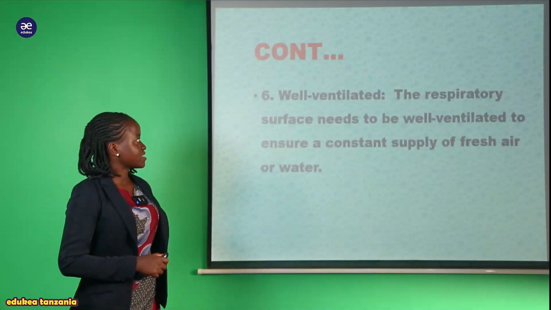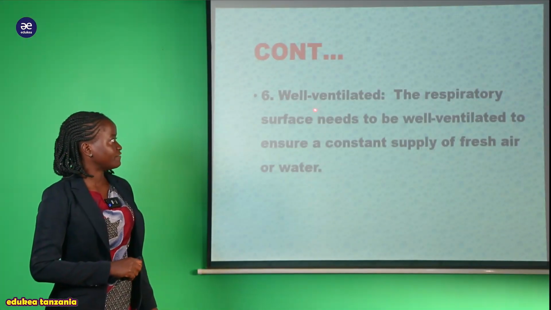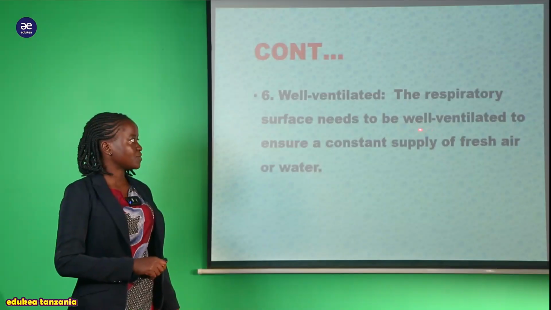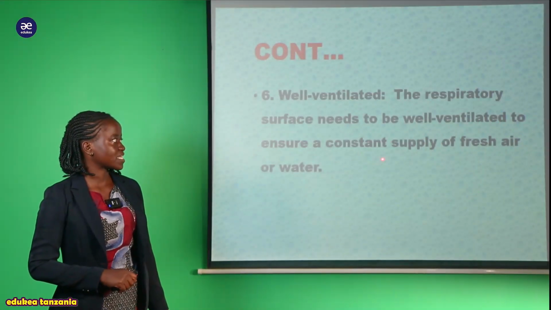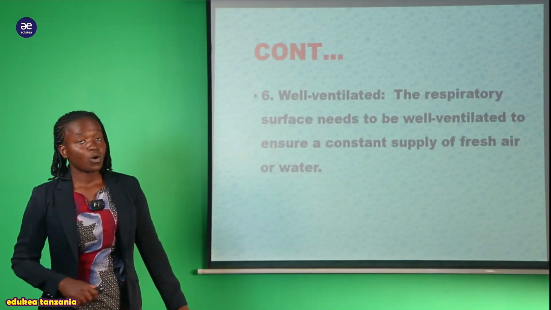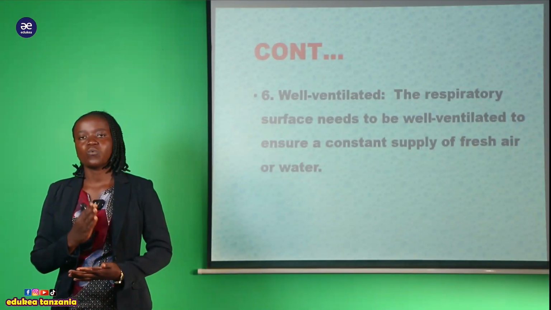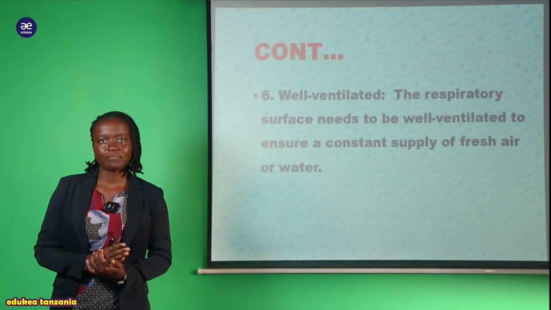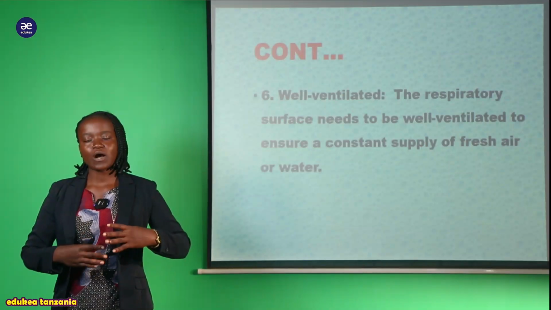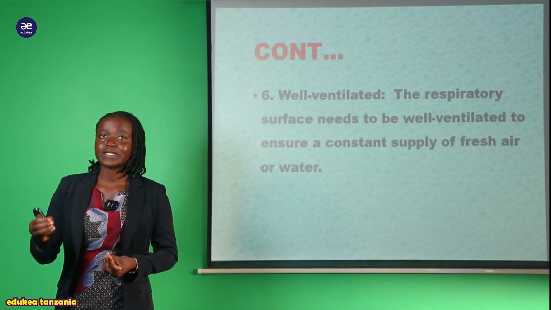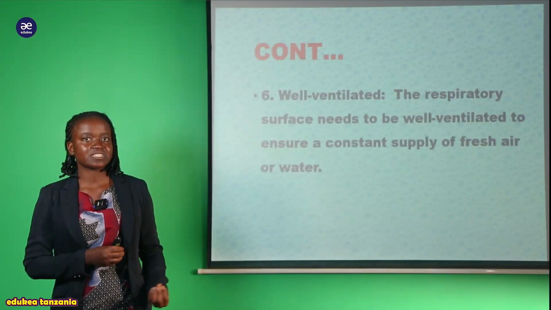And another importance here, we can say that it should be well ventilated, whereby the respiratory surface needs to be well ventilated to ensure the constant supply of fresh air or water. So now it should be proper or well ventilated, kwa maana kwamba iwe na uwezo mkubwa au iwe na sehemu ambapo kuna ile hewa inaweza ikaingia kwa urahisi zaidi.